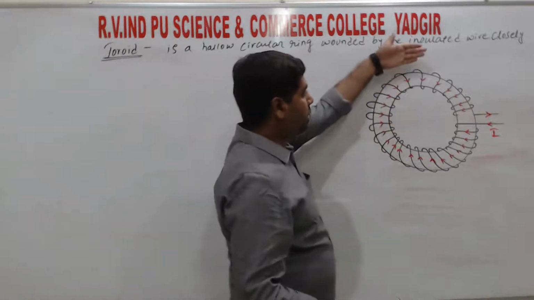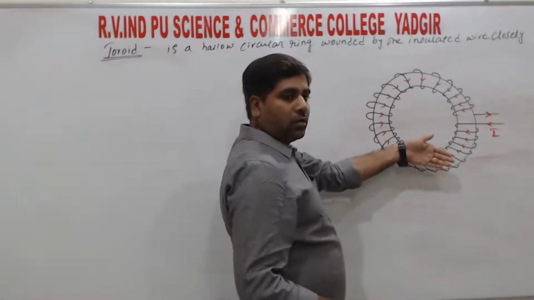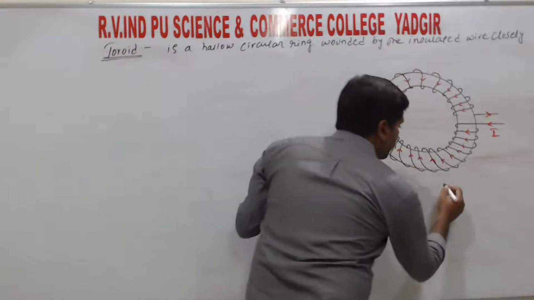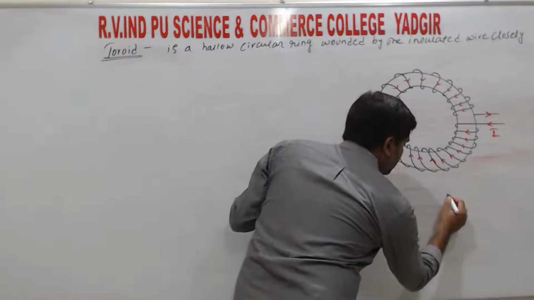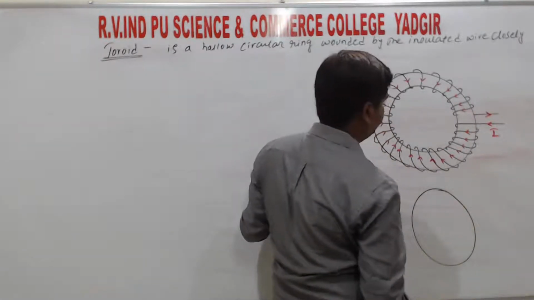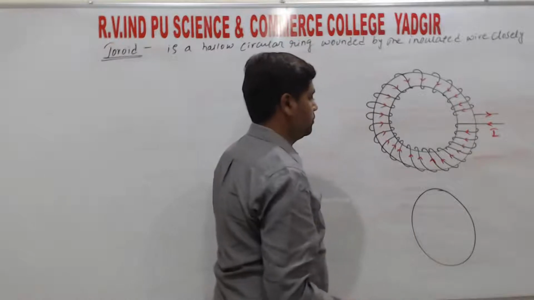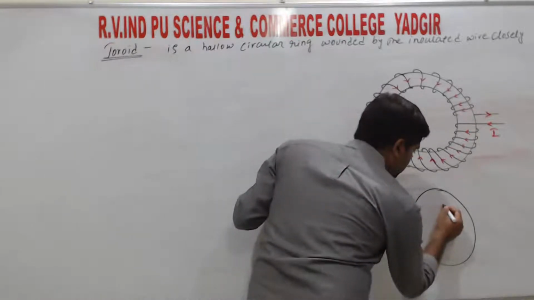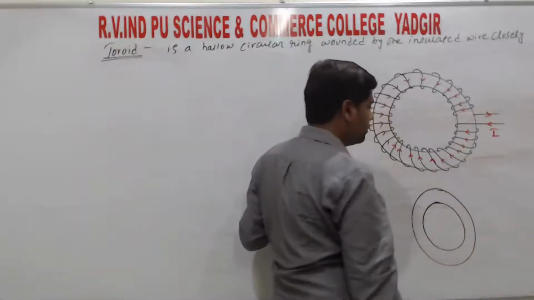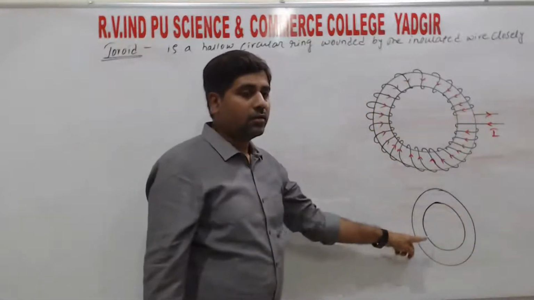So now we need to cut this toroid. So if we cut exactly in half, we can represent it in the cross sectional area. Right. So this one is the circular ring.